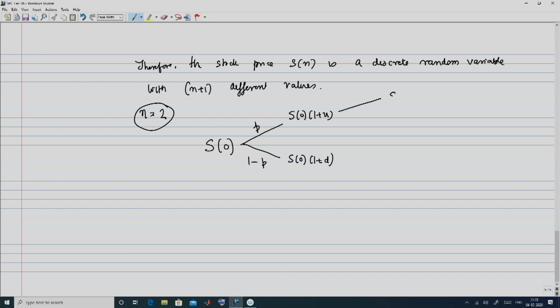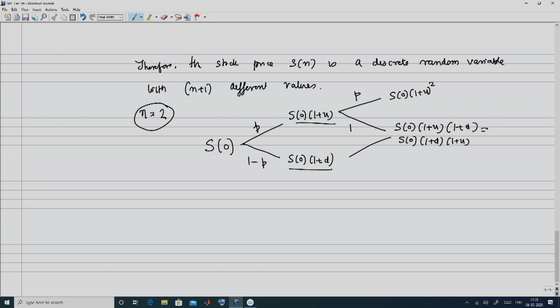Now, again from here I can go up to S naught into 1 plus u into 1 plus u, which is 1 plus u square, and this probability is going to be p, or I can go down to S naught into 1 plus u, which is the existing price, multiplied by 1 plus d. Similarly, when I start off with the existing price S naught into 1 plus d, I can go up to S naught into 1 plus d into 1 plus u, and note that these are both equal.